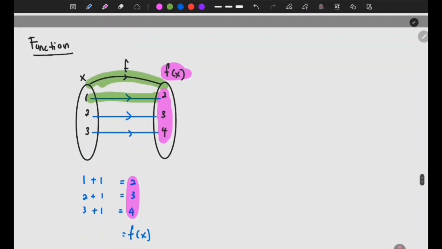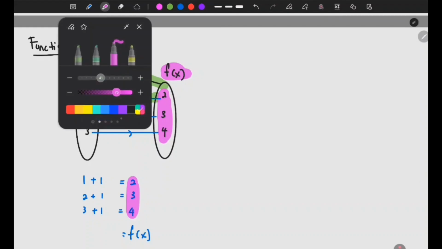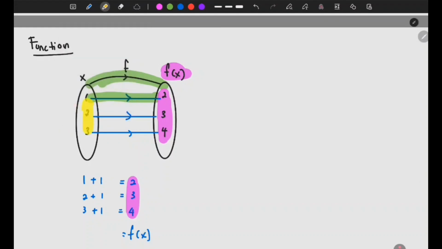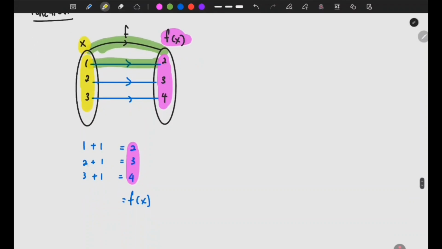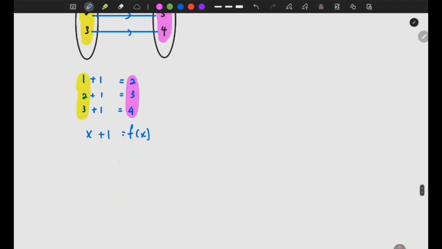And this 1, 2, 3, this is on the x side, isn't it? So I can represent a function equation as f(x) = x + 1. So this is a function equation.